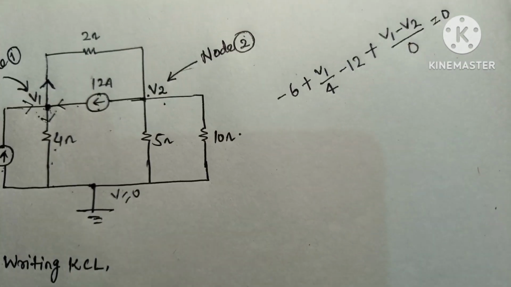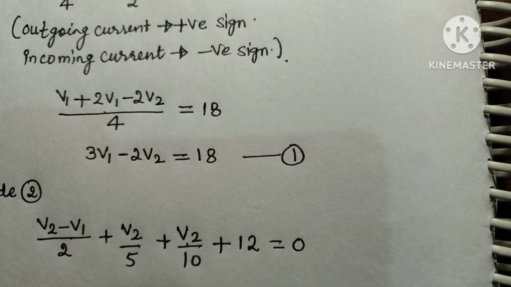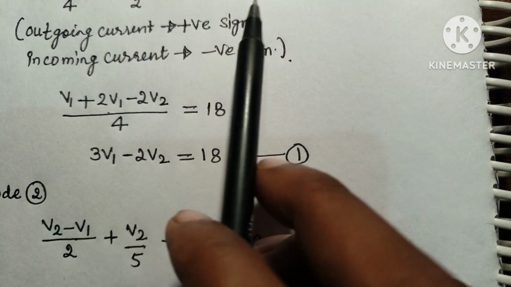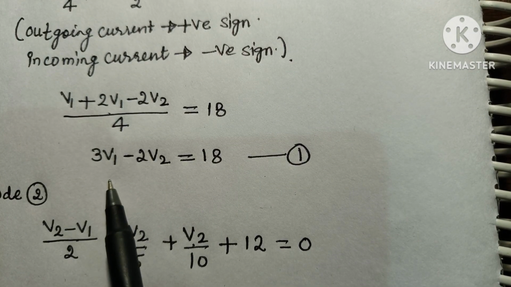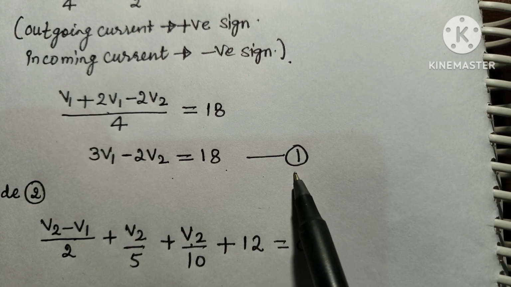So this equation can be written like this: V1 by 4 plus (V1 minus V2) by 2 minus 6 minus 12 equal to 0. So here the equation will be 3V1 minus 2V2 equal to 18. Let's call it equation number 1.